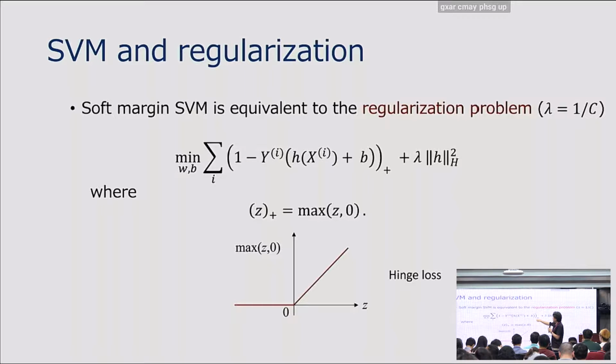So this function means that, let's say yi is plus 1, and if this value is larger than 1, then the total value in the bracket is negative, so the loss is 0.